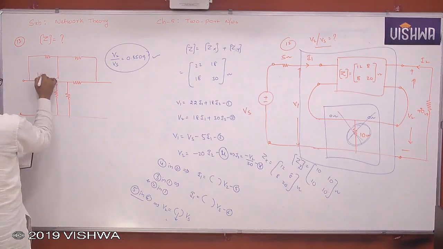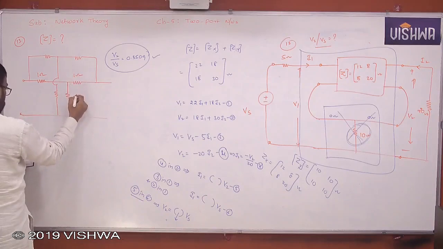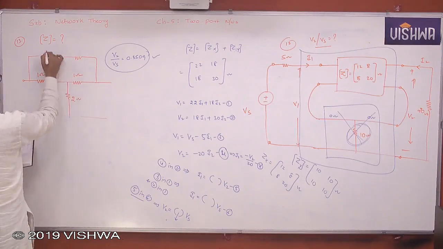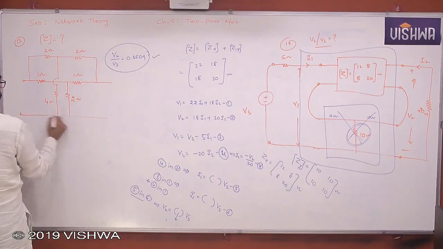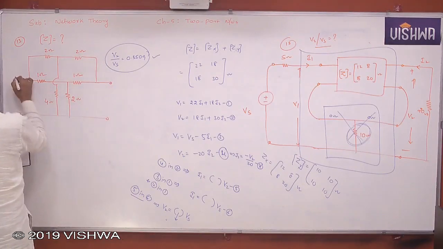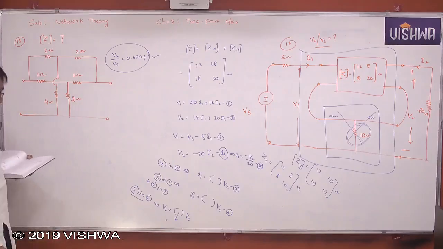This is 1 ohm, 1 ohm, 2 ohm, 2 ohm, 2 ohm, 4 ohm. Find the Z matrix.